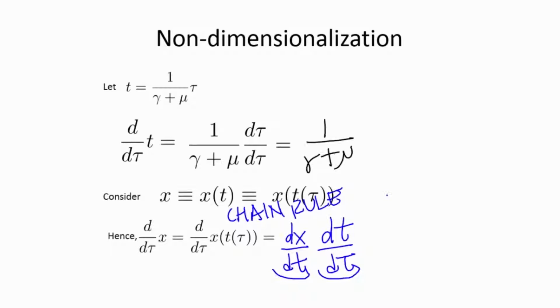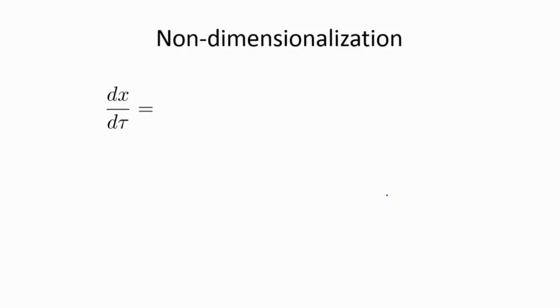Let's proceed. We have an expression for dx/dt, and we already calculated that the derivative of t with respect to tau is equal to a constant. So let's put both of those things together.